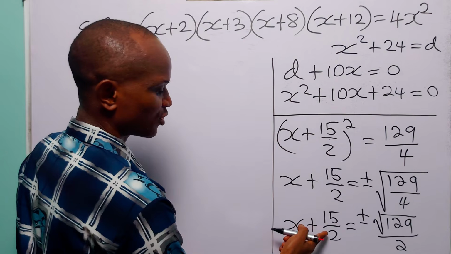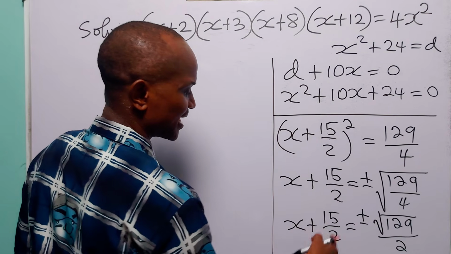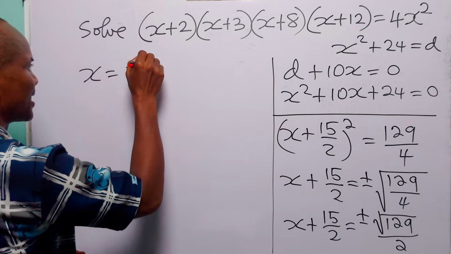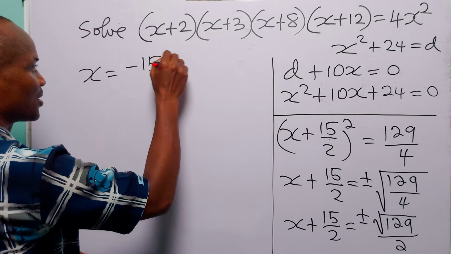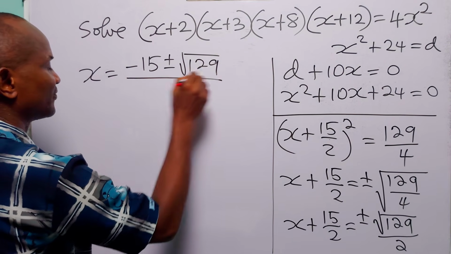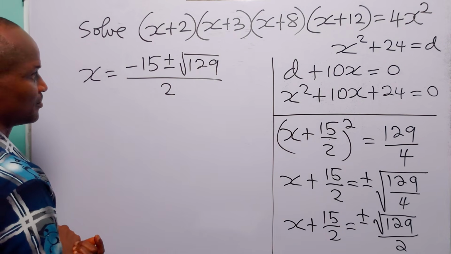And when we subtract 15 over 2 from both sides of this equation, we have that x is equal to minus 15 plus or minus the square root of 129, divided by 2.